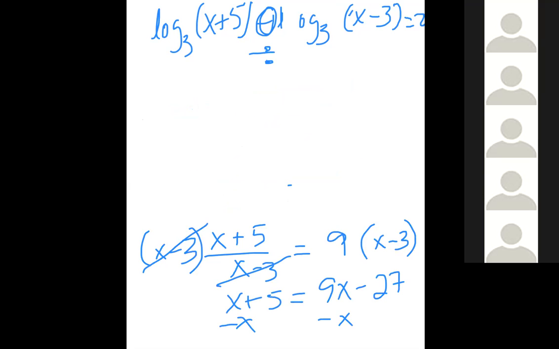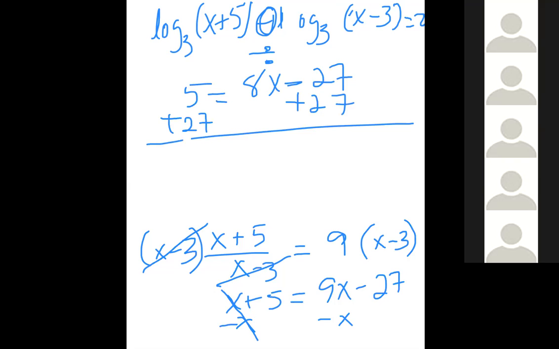Okay, guys, this is what I end up with. This cancels out. I'm left with a 5 on the left is equal to 8x minus 27. I'm going to add the 27 to both sides. So I get 5 plus 27, which gives me a total of 32 is equal to 8x. Divide both sides by 8. So the answer turns out to be 4. There you go.